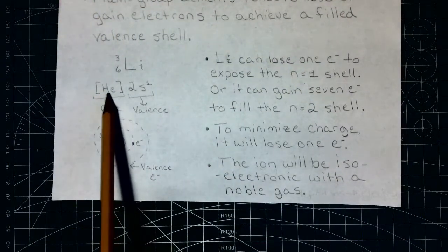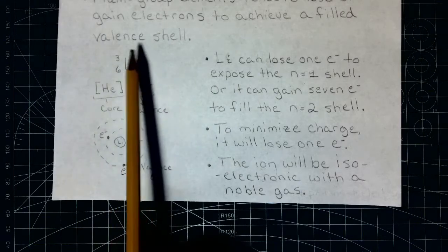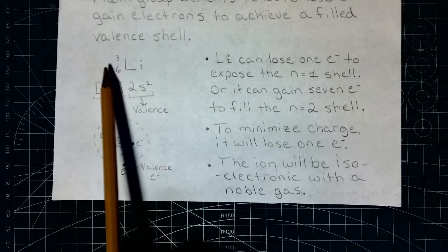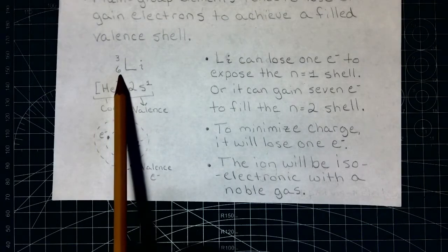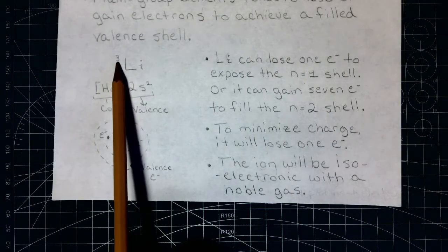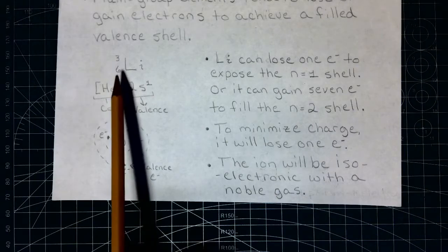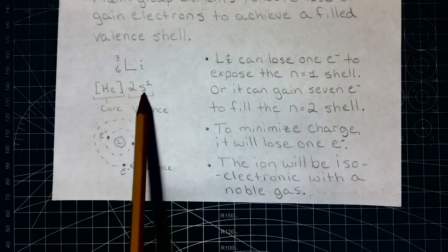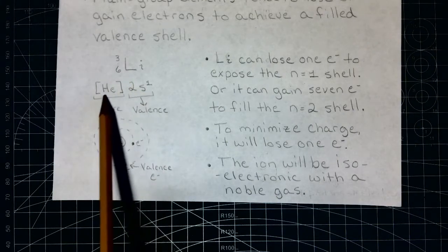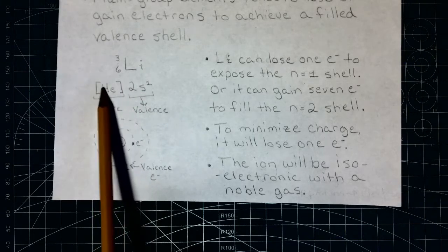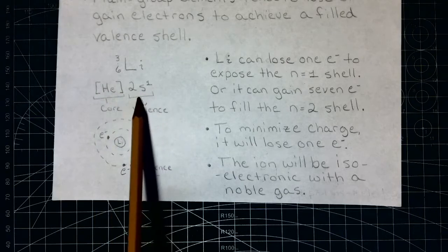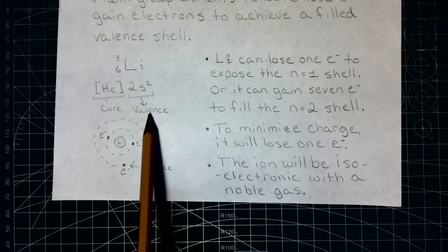So let's look at an example so that we can see what's going to happen here. If we look at lithium, we can see it has an atomic mass of 6 and an atomic number of 3. If we write down its electronic configuration, we can see it has a helium core and this 2s1 valence.